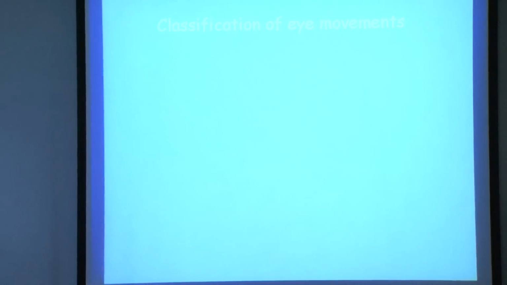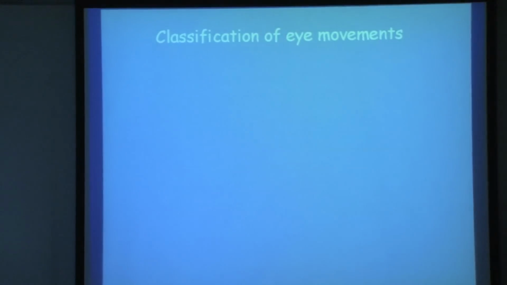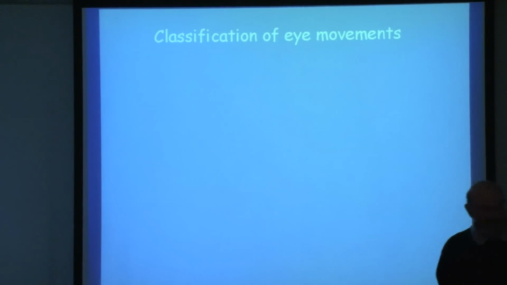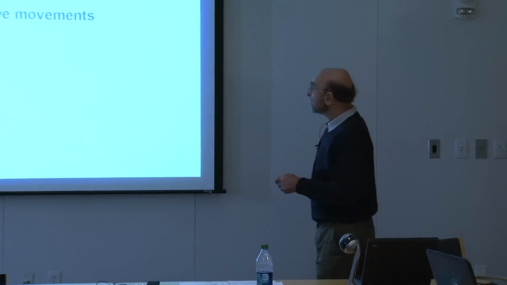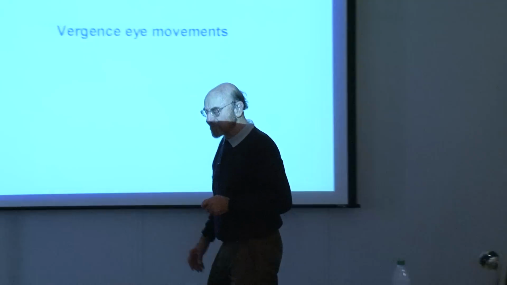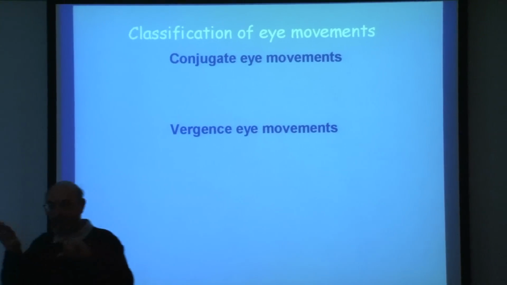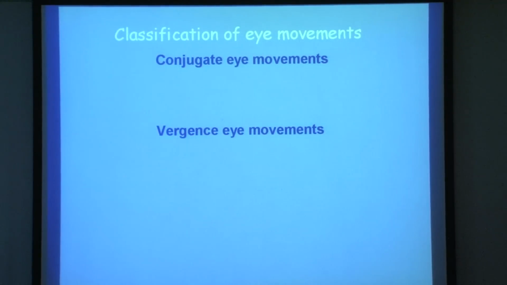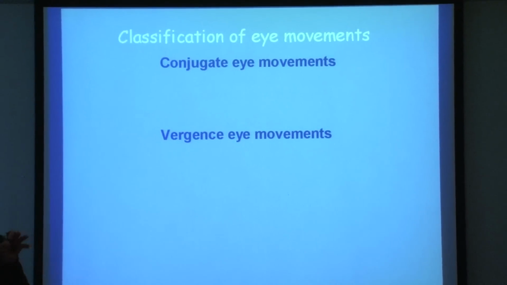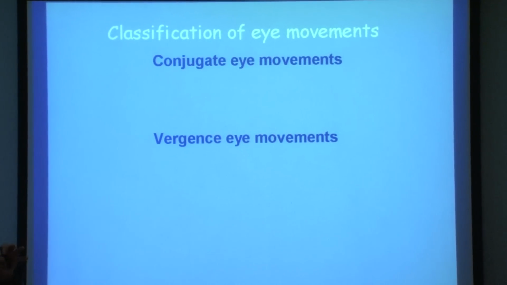All right, so now then, people have classified eye movements into some very basic types. We have so-called conjugate eye movements, when the two eyes move in unison. And then we have vergence eye movements. So when an object comes close to you and goes away from you, the two eyes converge or diverge.